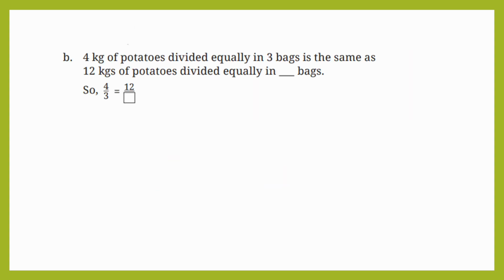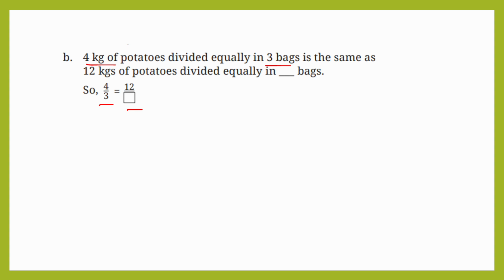4 kg of potatoes divided equally in 3 bags is the same as 12 kgs of potatoes divided equally in dash bags. So 4 kg of potatoes divided equally in 3 bags, that is 4 by 3. This is same as 12 kgs of potatoes divided equally in dash bags.